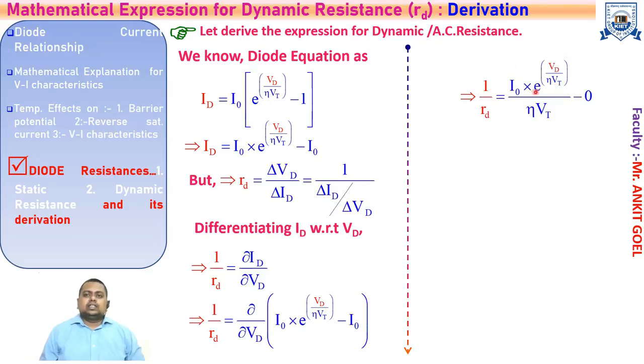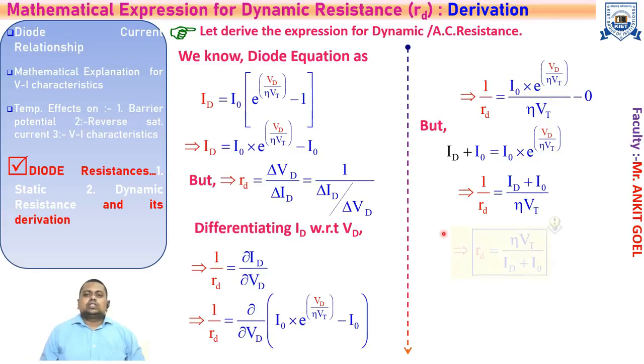We can substitute the numerator: ID plus I naught can be written as I naught e raised to the power Vd upon eta Vt, from the previous expression. So just replace the numerator here: 1 upon Rd equals ID plus I naught upon eta Vt. Take the reciprocal, and you get the expression for the dynamic resistance as Rd equals eta Vt upon ID plus I naught. Remember this, this is the exact expression for the dynamic resistance.